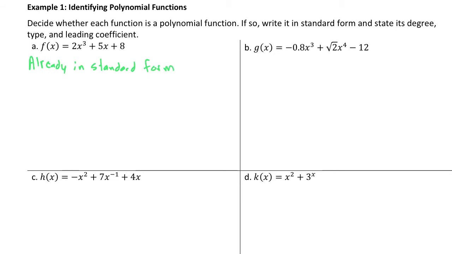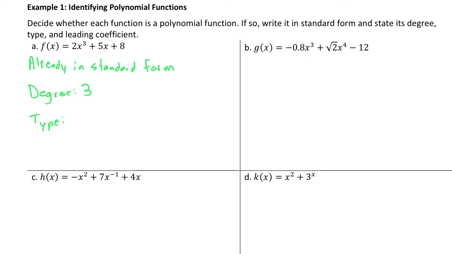Now, this is the part that I want us to recognize: the degree, type, and leading coefficient. So the degree of this polynomial is 3, because the highest power is 3. That's in that first term. Type: highest power is 3.